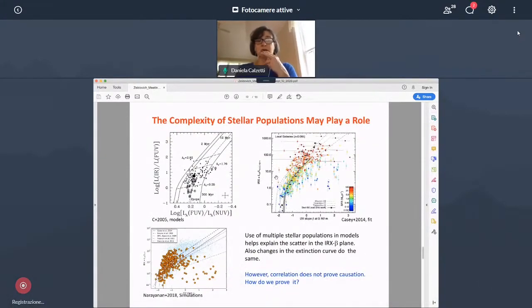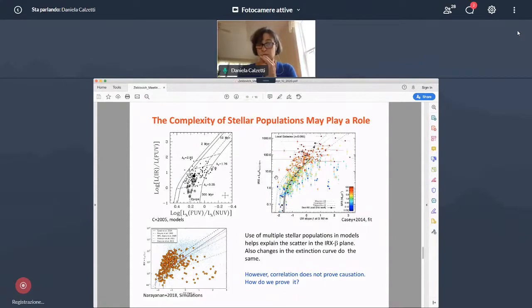Now, many authors tried to understand what was happening: maybe different galaxies have different types of attenuation curves, maybe different normalizations. Some actually started to look at the complexity of stellar populations once you move from a centrally concentrated starburst with a single stellar population to far more complex star formation histories, in which some areas of the galaxy might ignite star formation earlier than others.